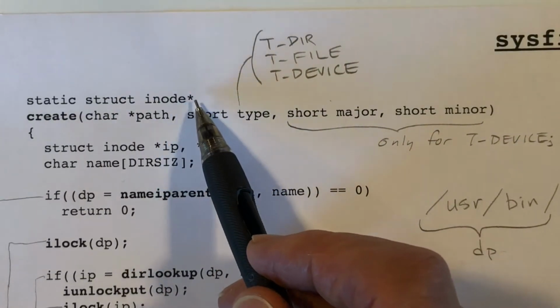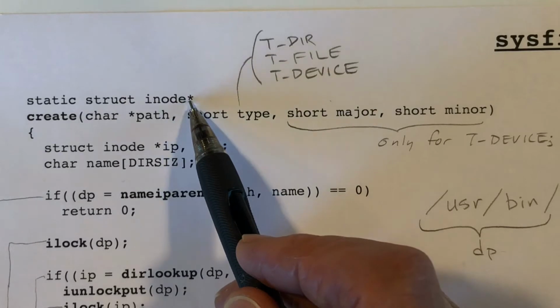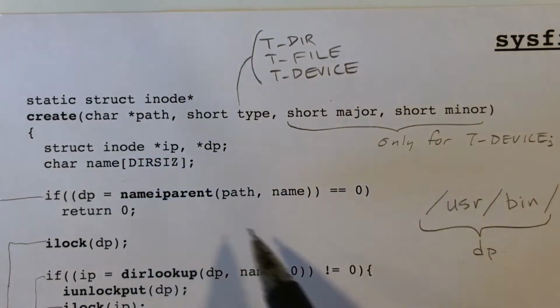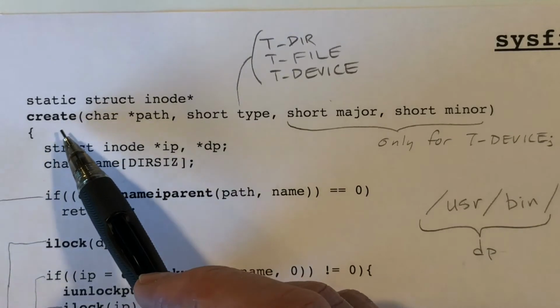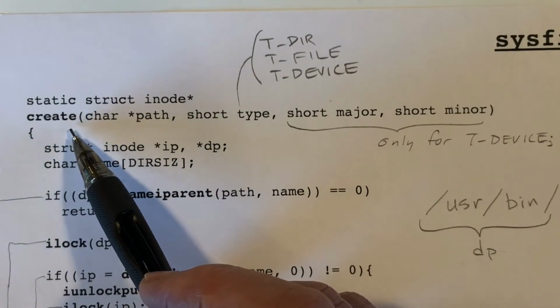On success, we will return a pointer to the newly created file, or more precisely to an inode for the newly created file, and that inode will be locked as well. If there's a problem, we'll return null. Create is called from exactly 3 places. It's called from the open system call, it's called from the make node system call, and it's called from make directory.